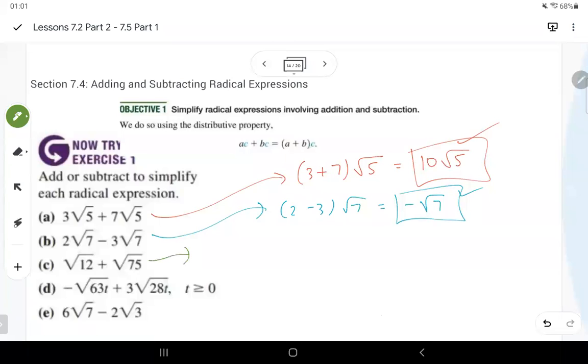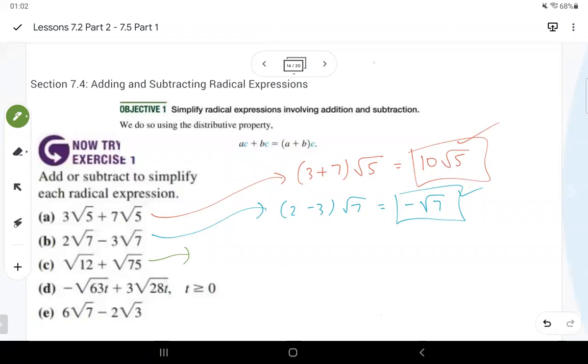Here we have to do a step first. So the question I will ask you is, we need to get the radicand to be the same. So what you want to think about is, what do 12 and 75 share in common?